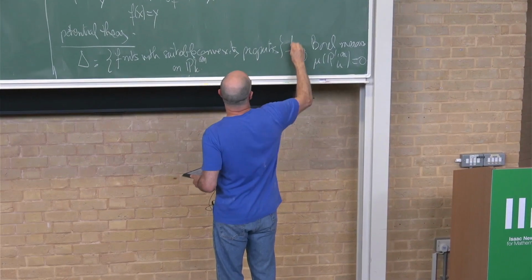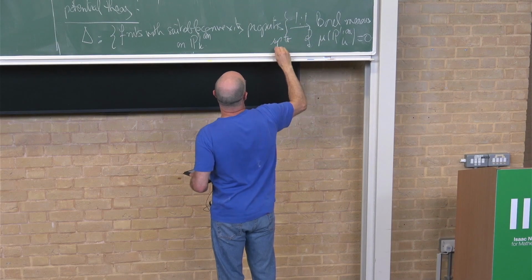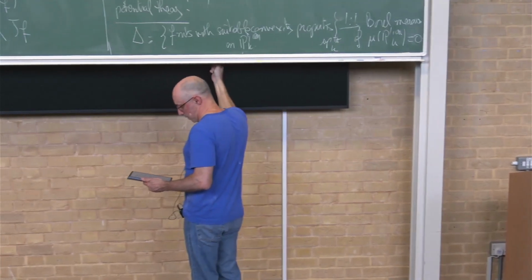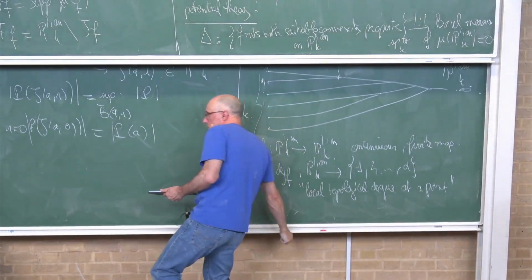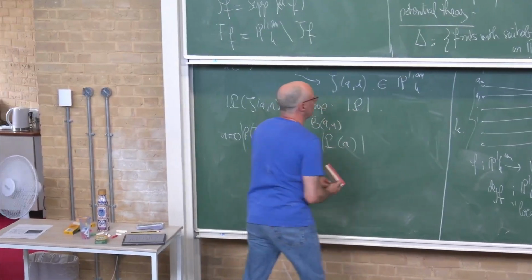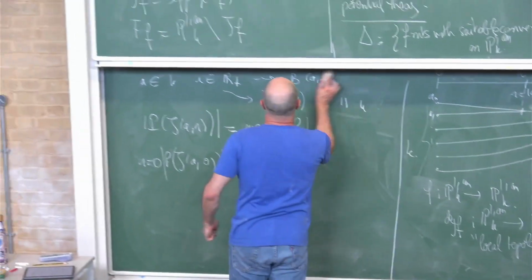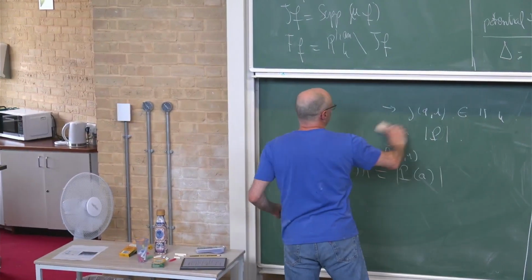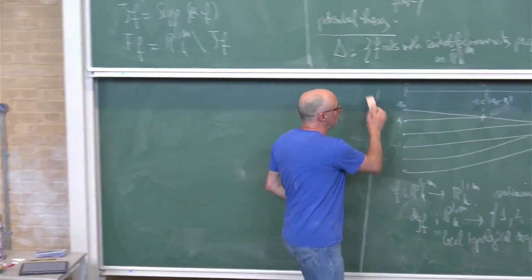And in fact, this is one-to-one, up to constants. I'm not going to define very precisely what this means, but it has the same formal properties as the Laplace operator on the Riemann sphere.